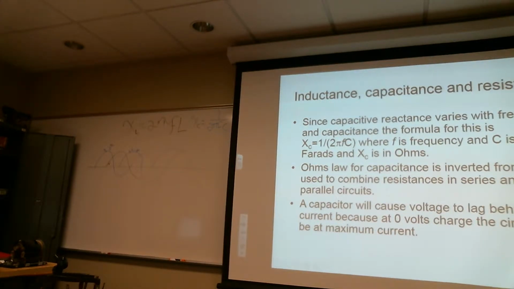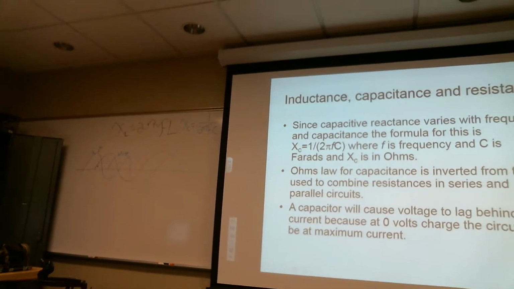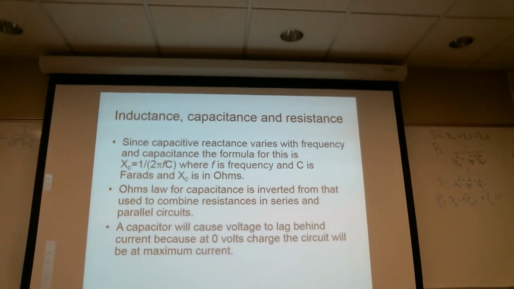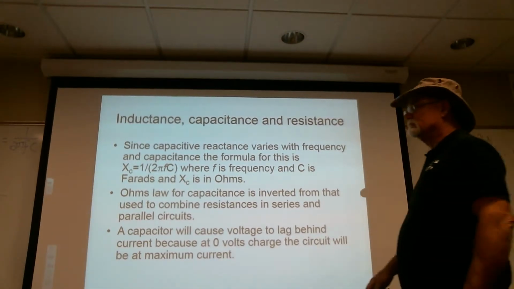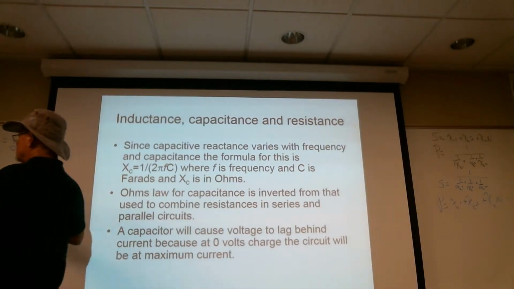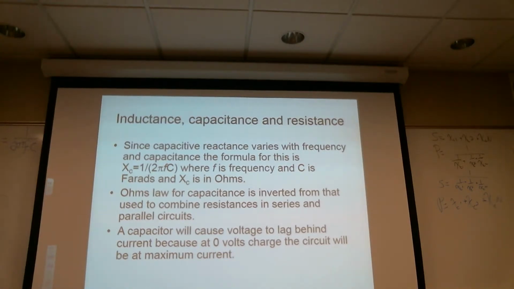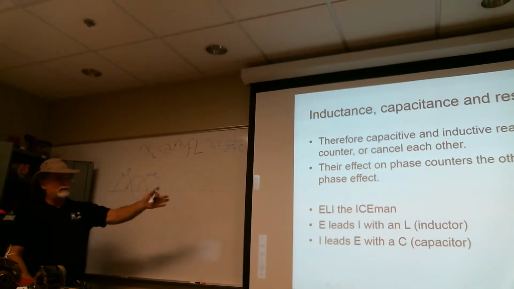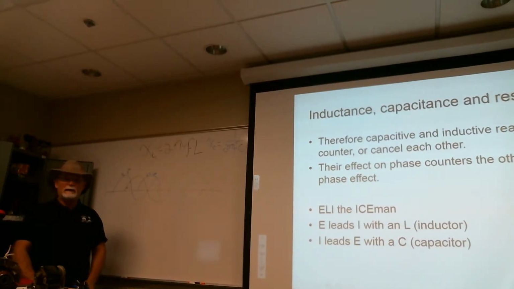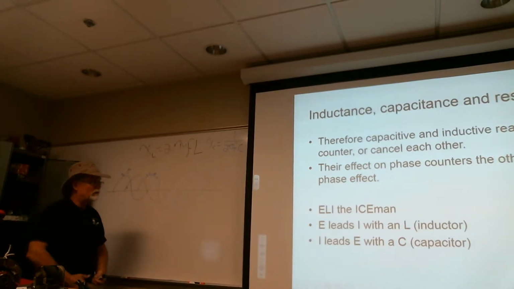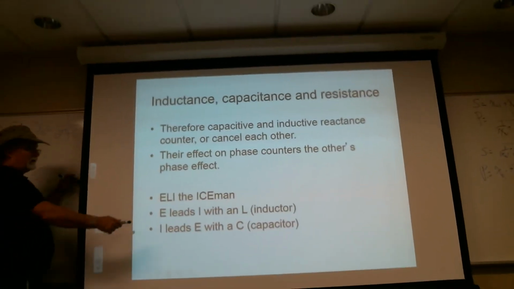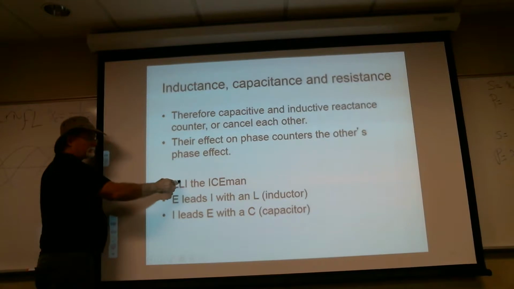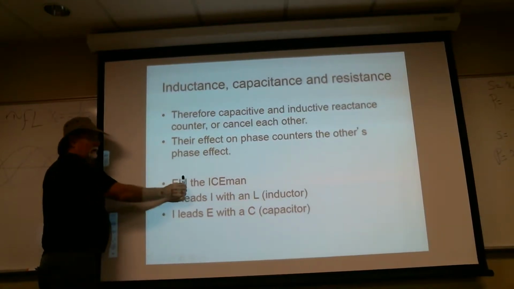So now if I had the same amount in a circuit, they would cancel each other out, right? Current's going that way. Now you're going to have to remember that a little bit, so there's a little device to help remember that. ELI the ICE man. In an inductor, the little L, voltage leads current.